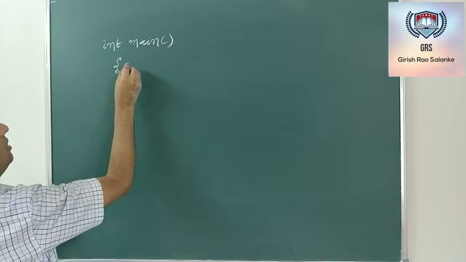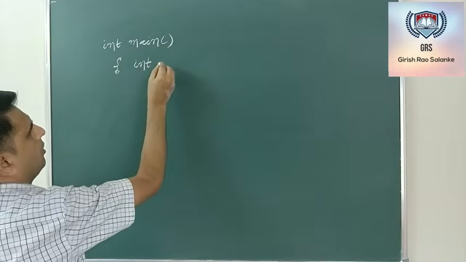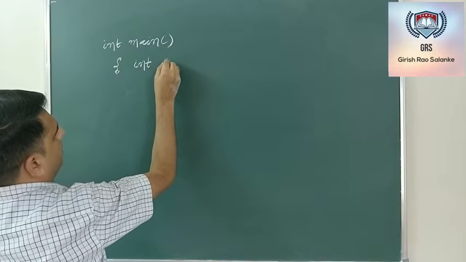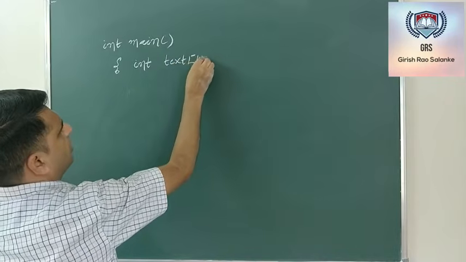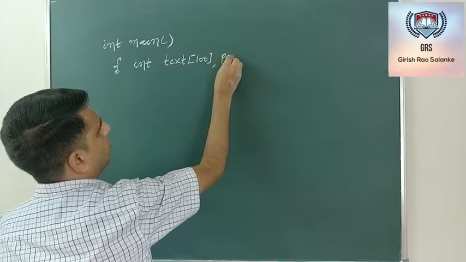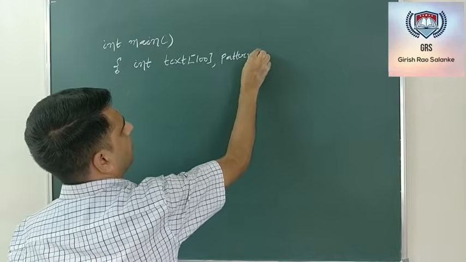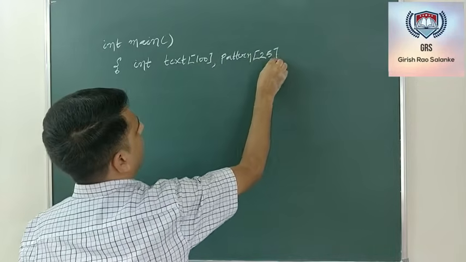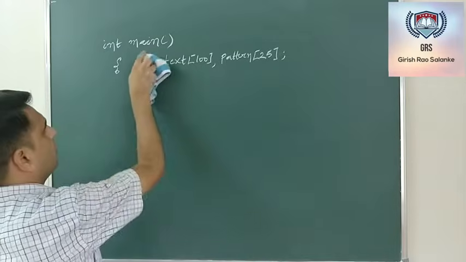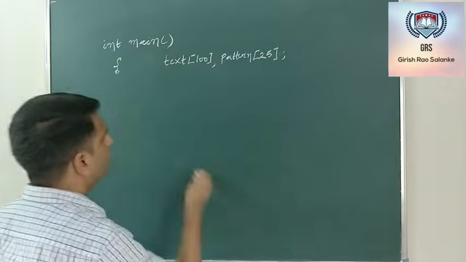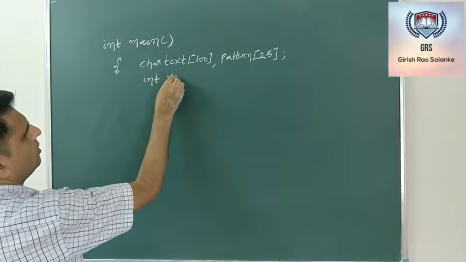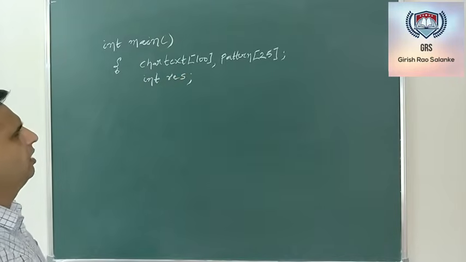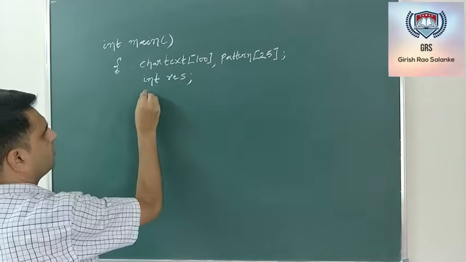In the main function, we will have a variable for text of size 100, and a variable for pattern by name pattern of size 25. Sorry, this is a character array. And to hold the return value of the Horspool function, I'll use a variable by name result. Now first read the text.